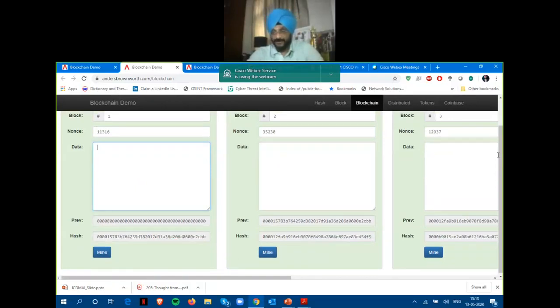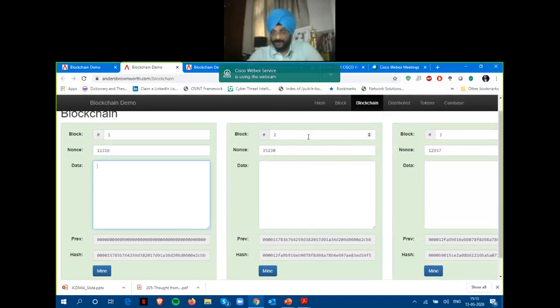You just see here, there's block number 2, which again has a random number. You have a previous block, and there's a hash code which gets created. Similarly, it goes on to other blocks as well.